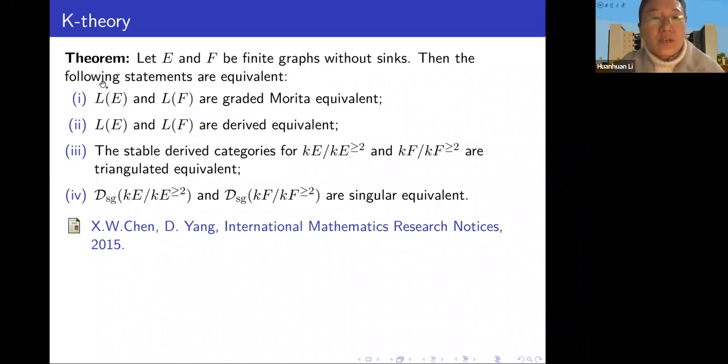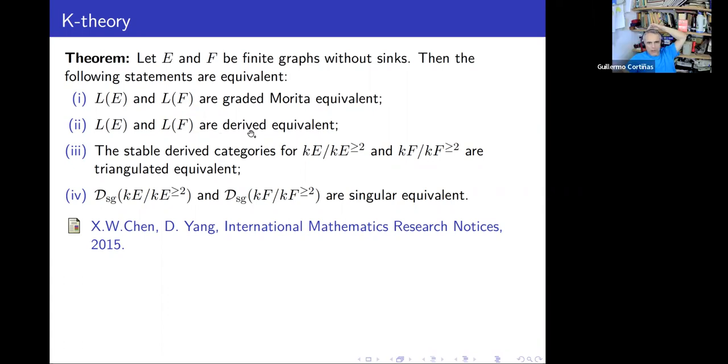They say that the following statements are equivalent. The first is that the two Leavitt path algebras L(E) and L(F) are graded Morita equivalent, so the graded module categories for these two graded algebras are equivalent. The second statement is that these two algebras are derived equivalent, where they consider the Leavitt path algebra as a differential graded algebra with trivial differential.